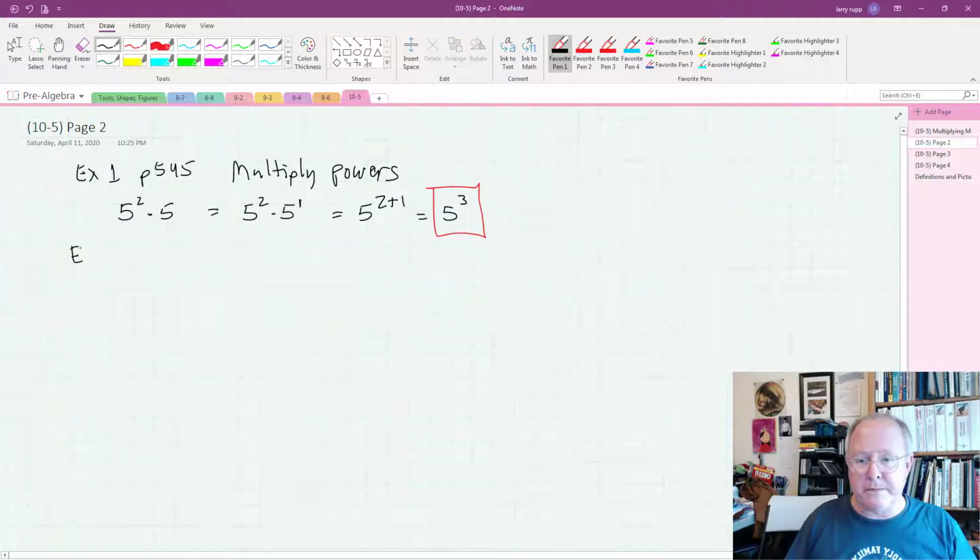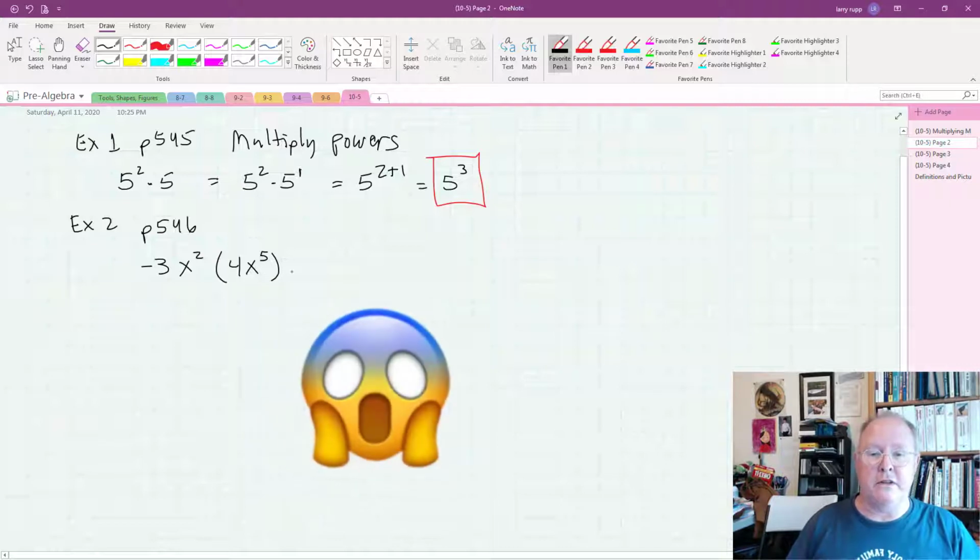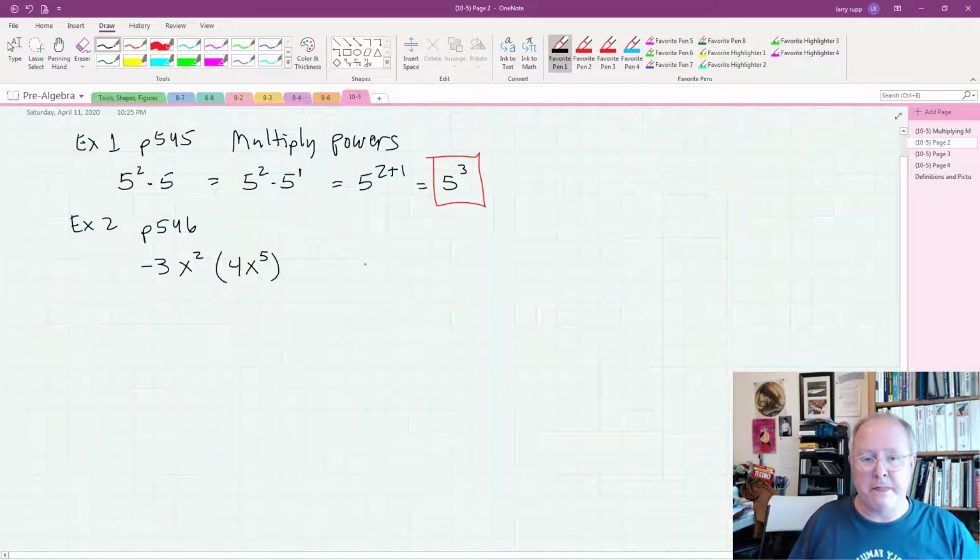Let's do example 2 on page 546. This says to find negative 3 x squared times the quantity 4x to the 5th. Panic sets in. No, this is easy. We take these apart a little bit at a time, and I will show you how. You move things around that are like terms. So the negative 3 and the 4 can be moved together.